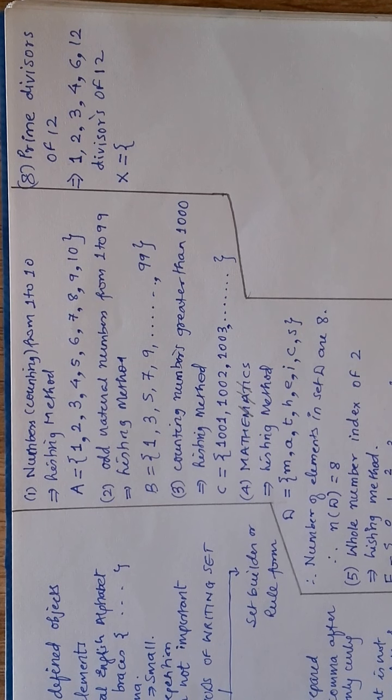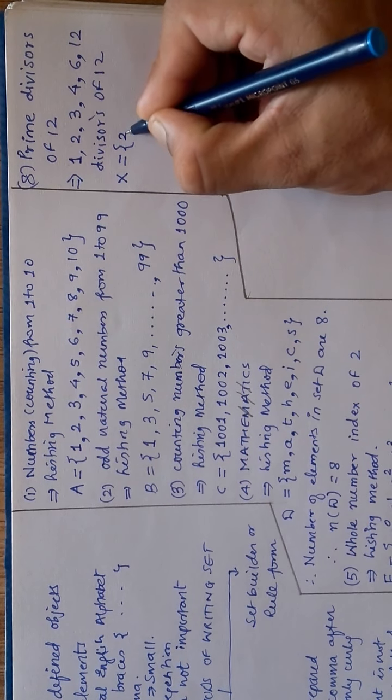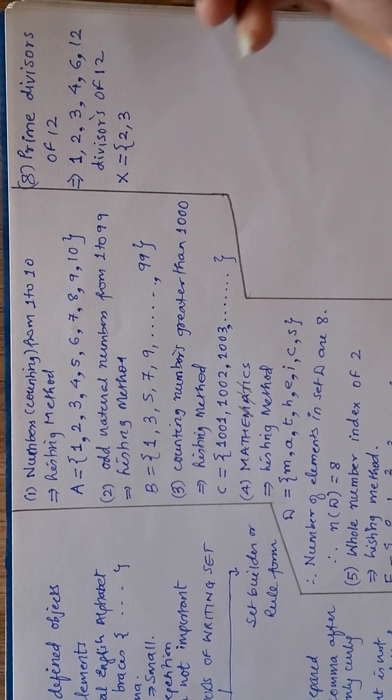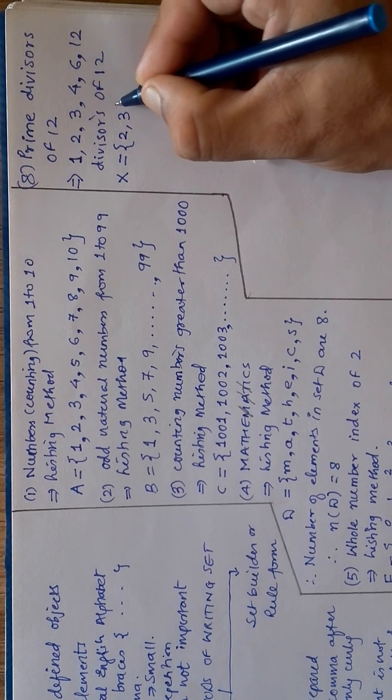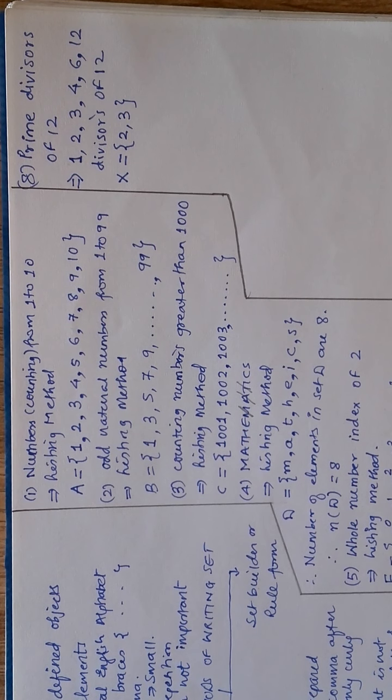No. 1 is neither prime nor composite. So 1 will not come. 2 is prime. Yes. 3 is prime. What about 4? No, 4 is composite, 2 into 2. 6, 2 into 3. 12, too many. That means the prime divisors of 12 are only 2 and 3. Understood? Was it nice?